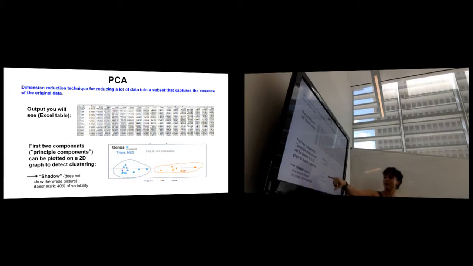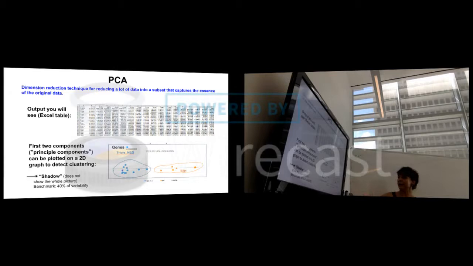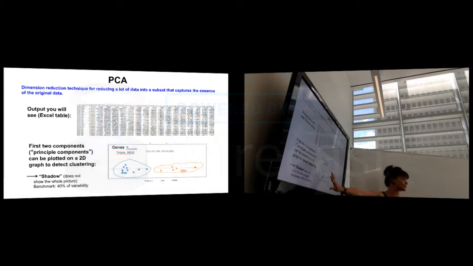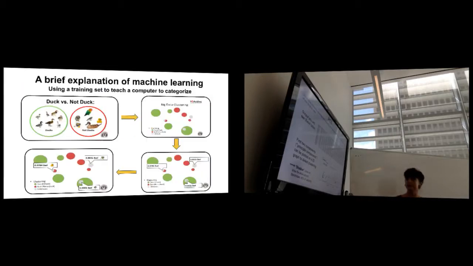Each of these points is going to be a sample, and it is all of the RNA sequence information for that sample, the entire transcriptome, reduced to one point. And you can see in this picture that these points cluster together and these points cluster together. So you can see there is a difference between these types of samples and these types of samples. Then you can go into your data and find out what the nature of that difference is.